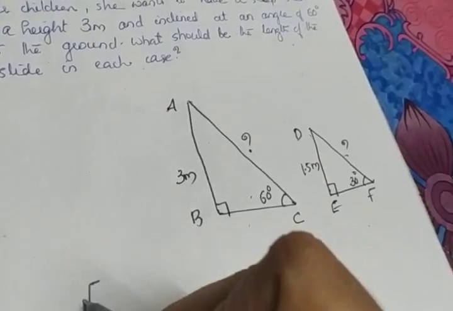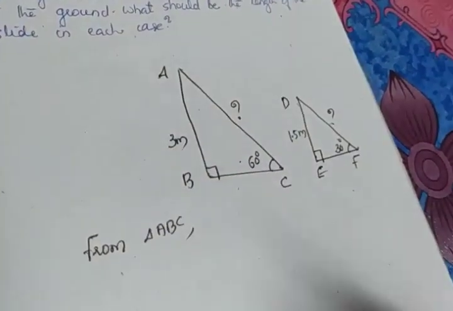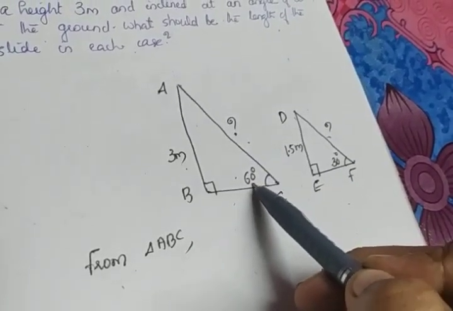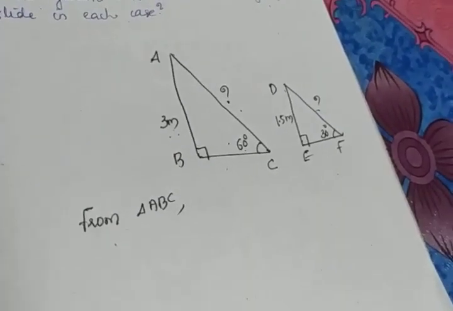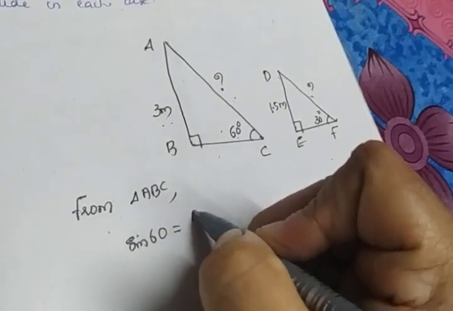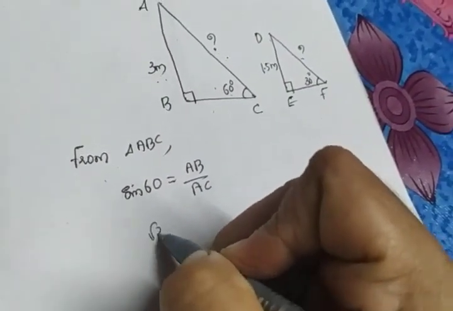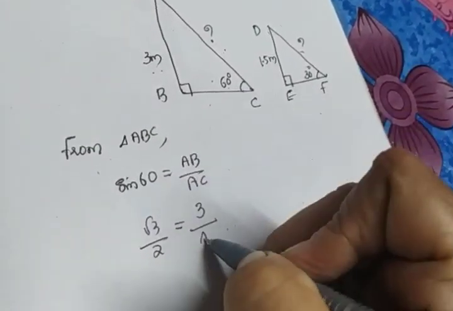So I am going to take the right triangle ABC. From the right triangle ABC, this side we know, this side we need to find. So with respect to angle 60 degree, this is the opposite side and AC is the hypotenuse. So which ratio we will take? Sine. Sine 60 is equal to AB divided by AC. Sine 60, what is the value? Root 3 by 2 is equal to AB is 3 divided by AC. We don't know the value.